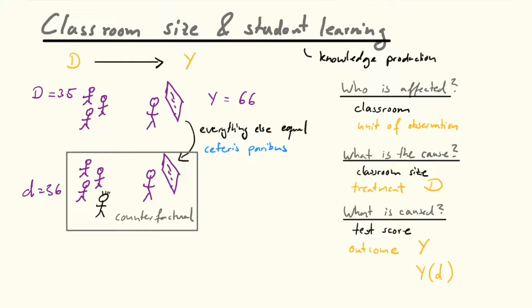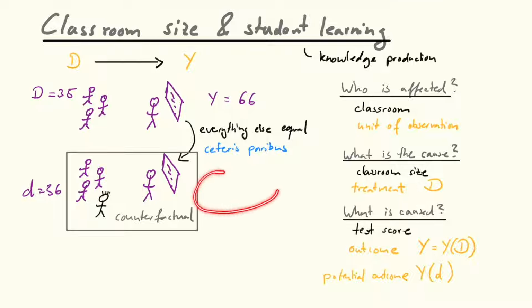Therefore, y of lowercase d represents hypothetical outcomes under a certain assigned classroom size. In particular, if we put in the real observed classroom size, we'll get the observed outcome. The y as a function of a hypothetical treatment is called a potential outcome.